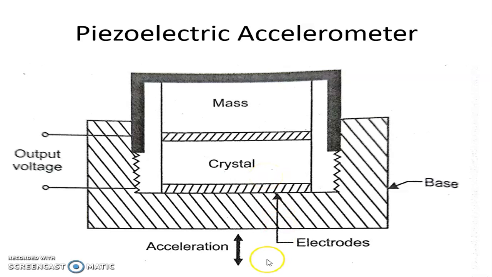When acceleration is applied to the base, force is applied to the crystal against the mass. When force is applied to the crystal, it develops an EMF or voltage across its surfaces, which can be measured through the electrodes and connected wires.